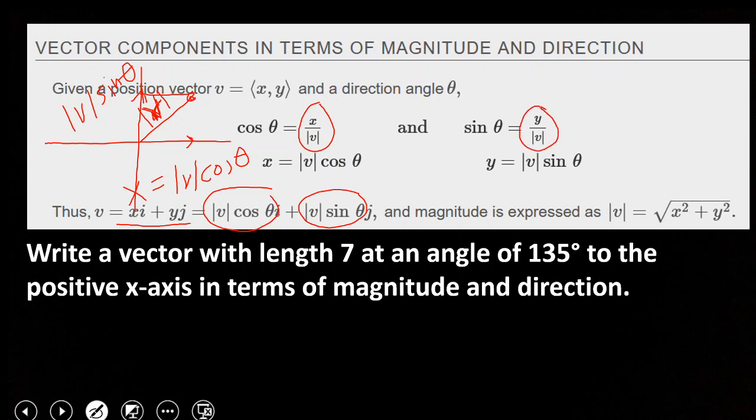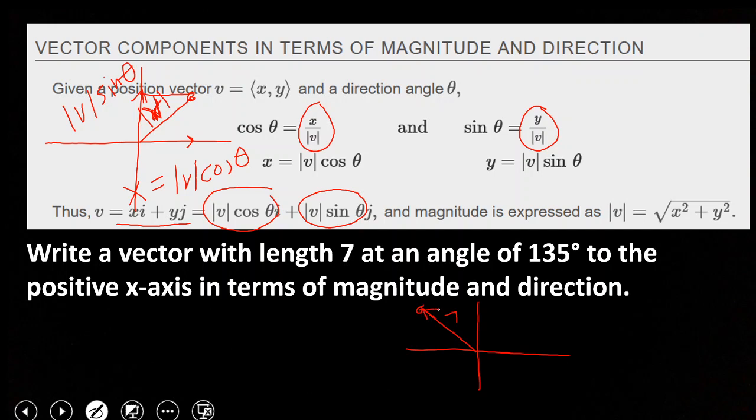So write a vector with length 7 at an angle of 135 degrees to the positive x-axis in terms of magnitude and direction. Well, that's easy. So that means we have a vector at 135 degrees, about right there, and the magnitude of it is 7. So that's the vector.